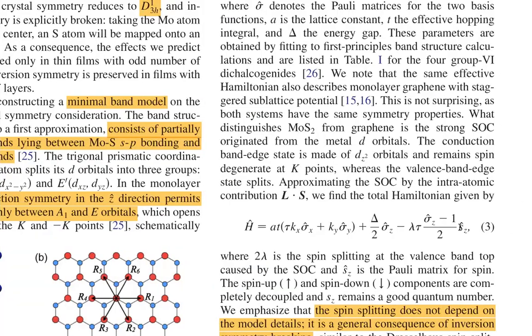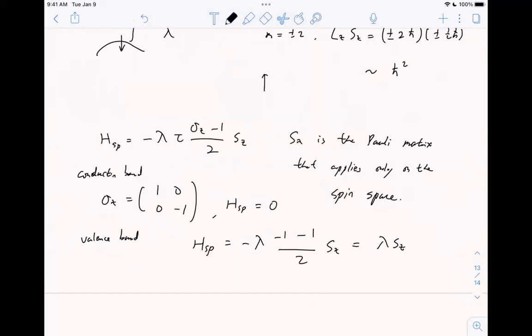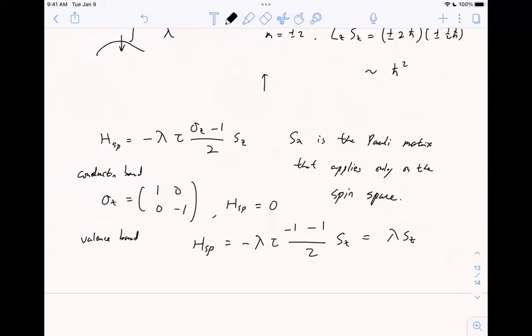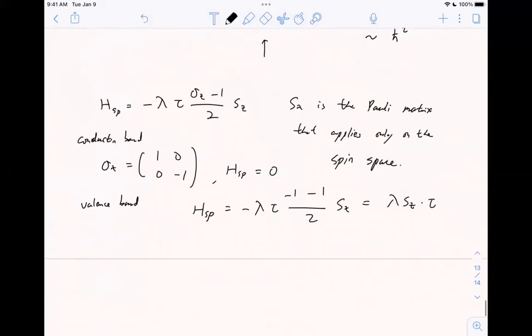Then you have a valley index, tau, here. When you go to the opposite valley, of course the energy will flip, because they're related by time reversal.